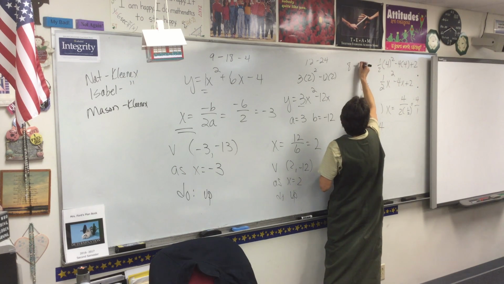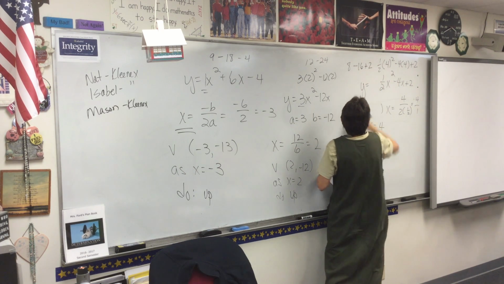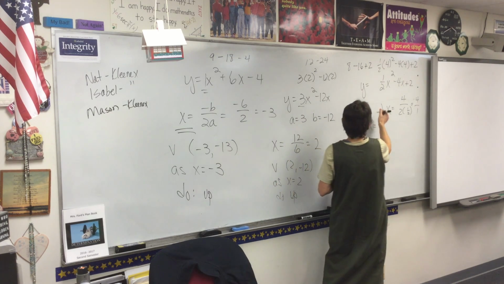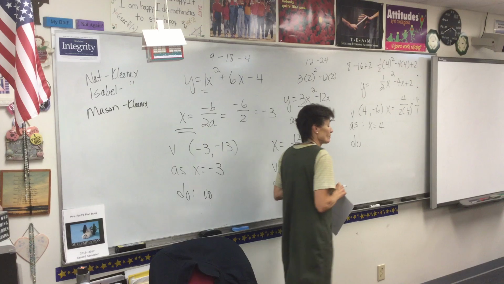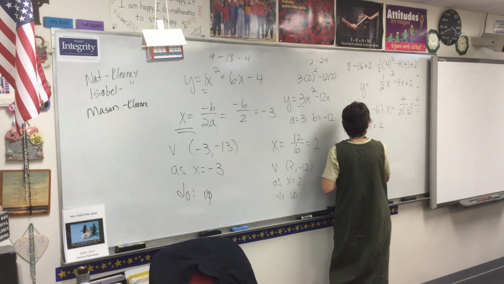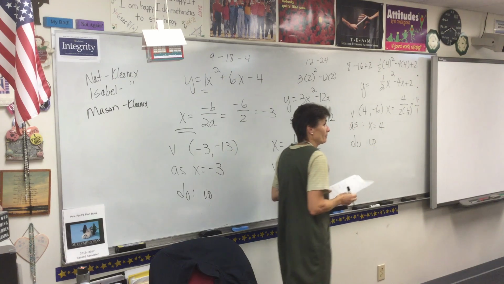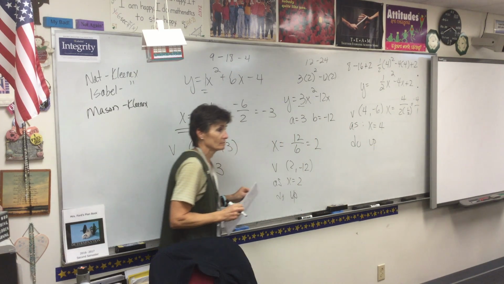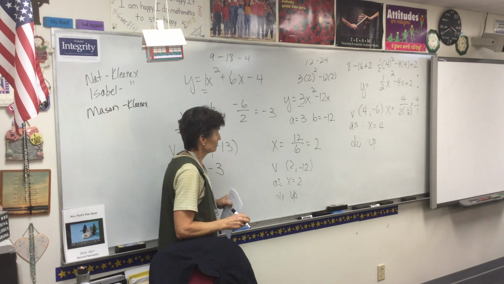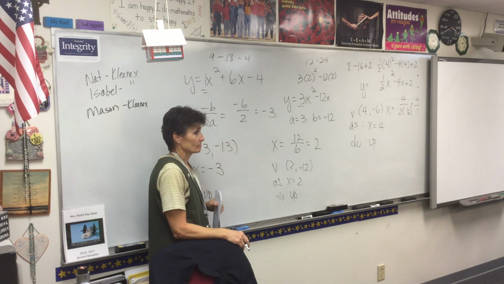So we have 8 minus 16 plus 2, which is negative 6. And since that is a positive 1/2, it opens up. Right?